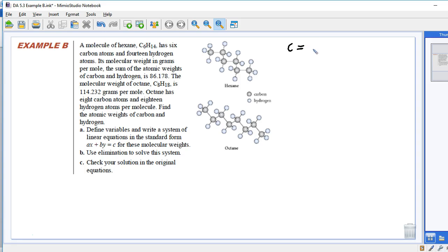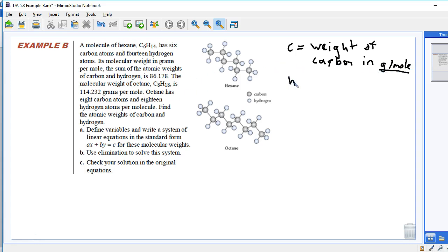Let C equal the weight of carbon in grams per mole. We don't really need to know what any of those things mean. That's just kind of what this says, so we're okay.